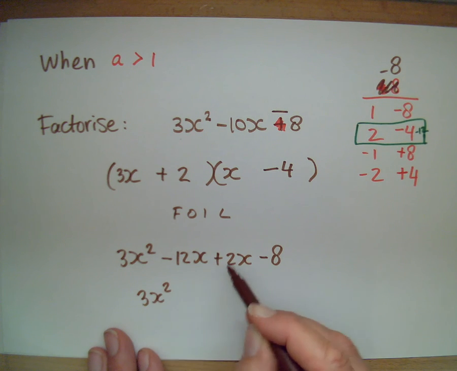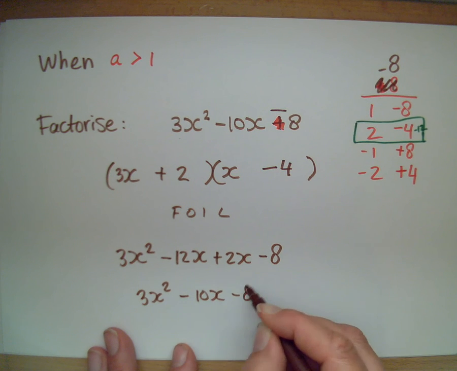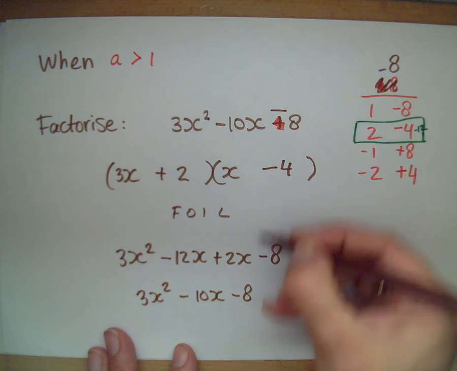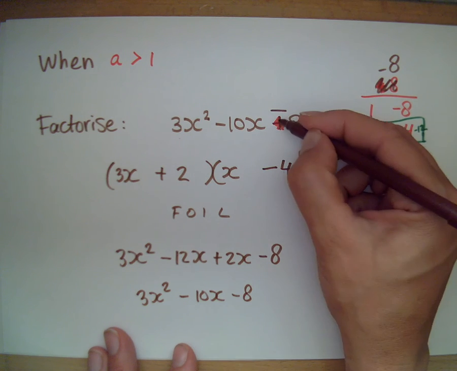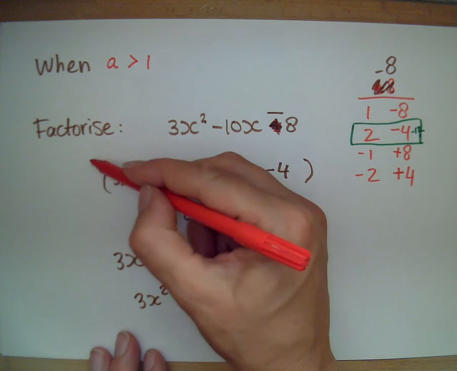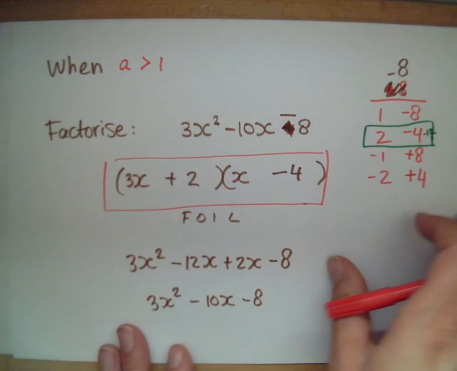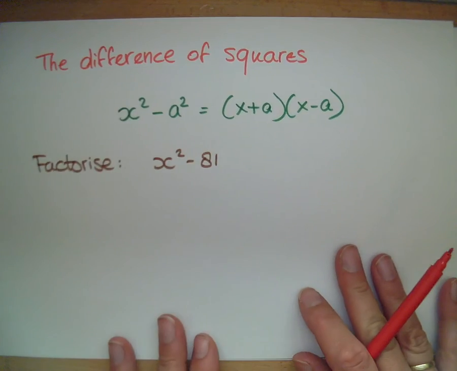The negative 12x and plus 2x combine to give negative 10x, and this is my original expression. So here is my answer. Okay, sorry, that was a little difficult for a bit.